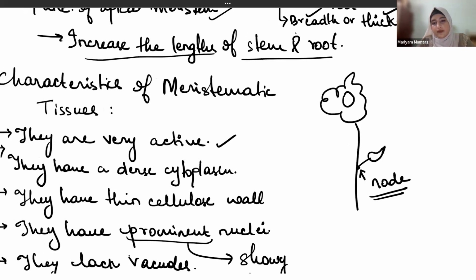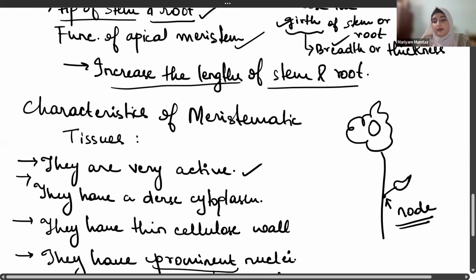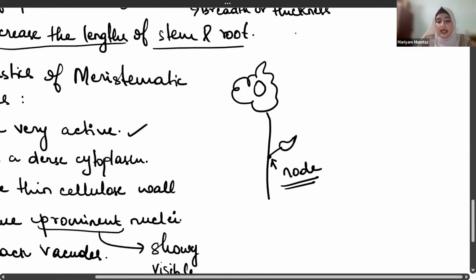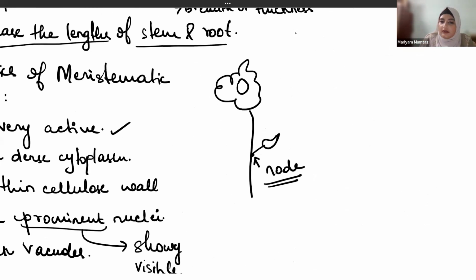No, ma'am. Yes, ma'am. See, Rima, look at the diagram. I have drawn a flower, okay? The point from where the leaves come out, arising meaning coming out, is known as the node.